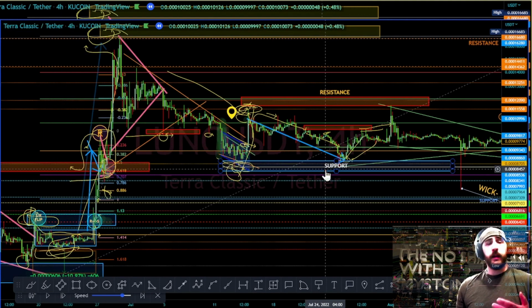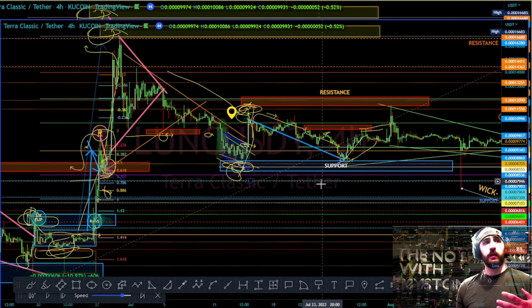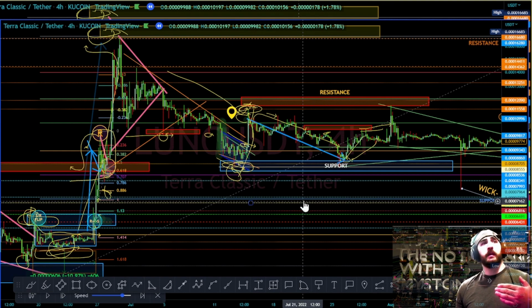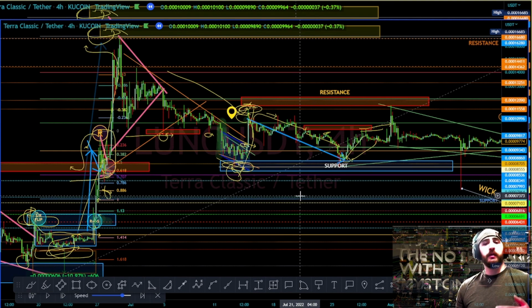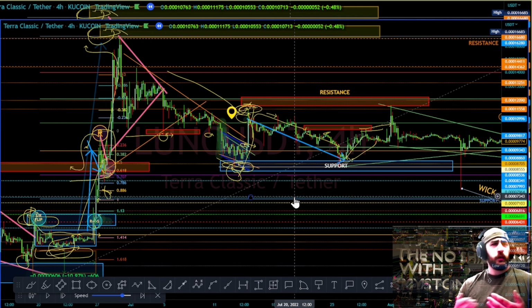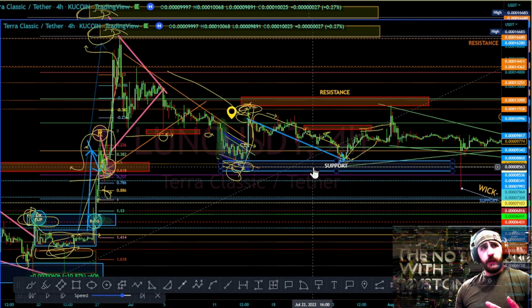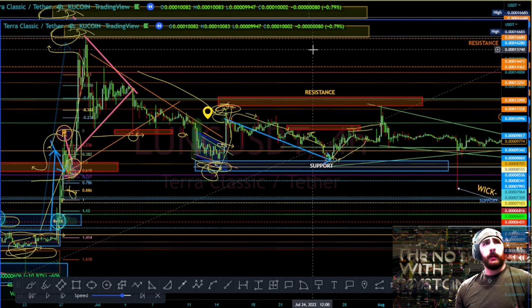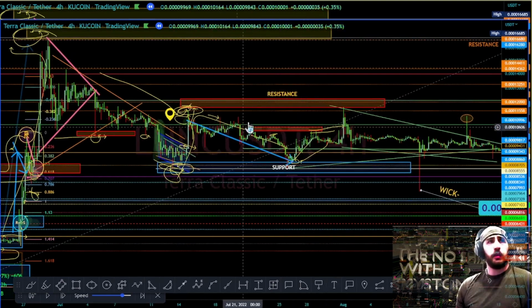It's important. So that is a strong support zone. The more times, the more touches you get on a support or resistance level, the stronger it is, so to speak. Same thing is for a trend line. So this is what I would call a strong support level.